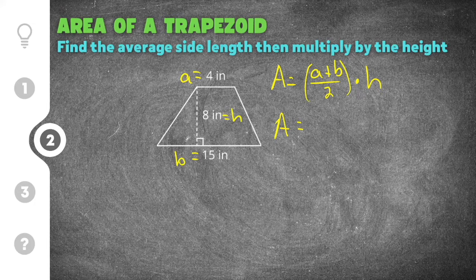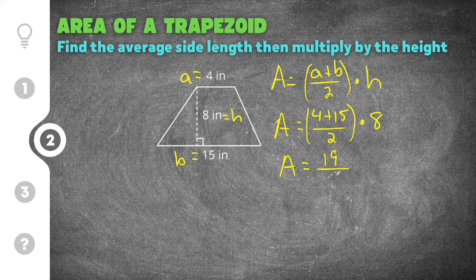I'm going to take everything I know about this trapezoid and substitute it into our formula. A is 4. So I'm going to say 4 plus 15, divided by 2. That's our side lengths, times the height, H, which is 8. Next, we have to follow order of operations. So we're going to do the parentheses first. 4 plus 15 is 19.